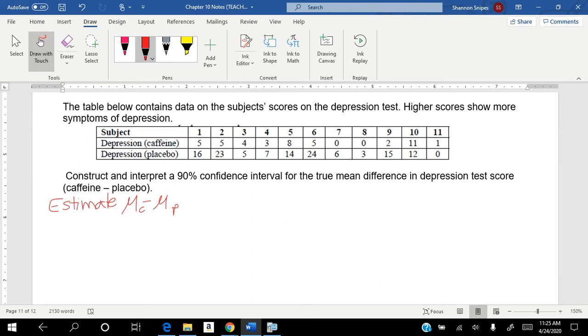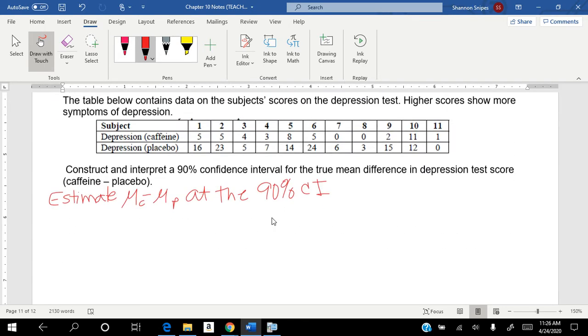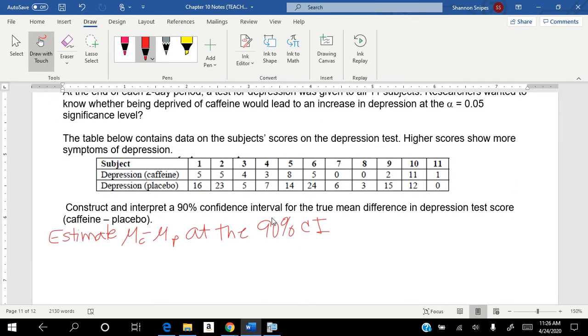And so we're going to estimate mu sub C for caffeine minus mu sub P for placebo at the 90%. Oh, wait, hang on. You know what I just realized? I realized that this was 2 questions.